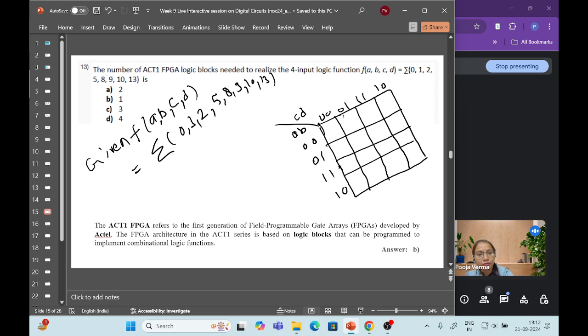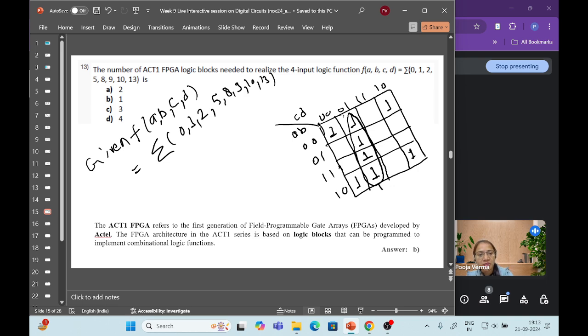So we will move in this direction: 0 1 2 3, then 4 5 6 7, then 8 9 10 11, 12 13. Right?